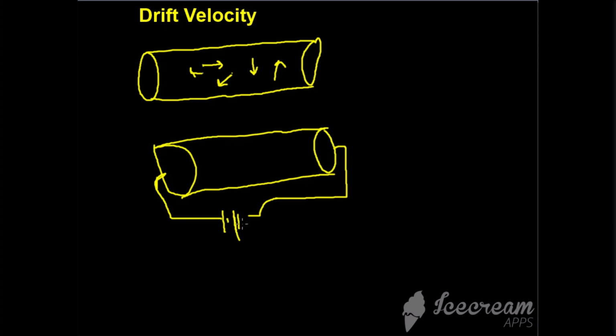So when the battery is connected, electrons drift in the same direction. So again, here I draw some electrons and they are all moving from negative to positive.